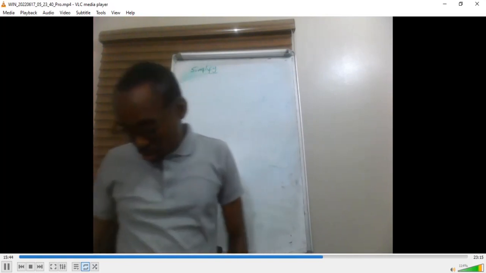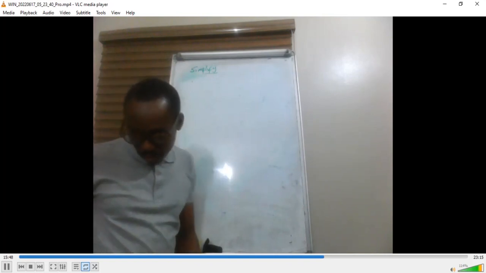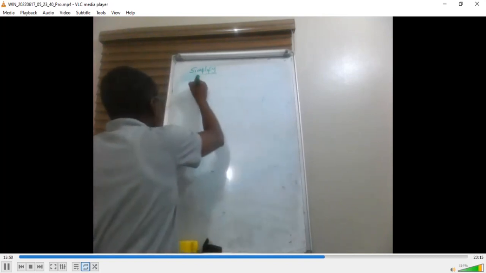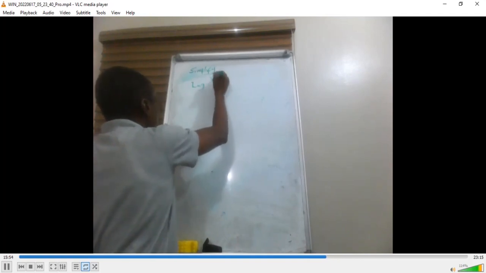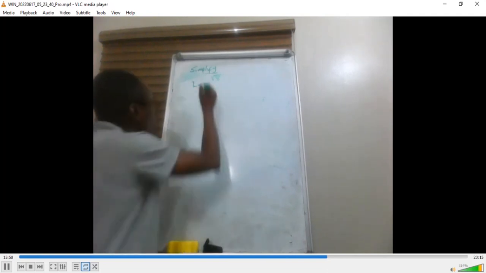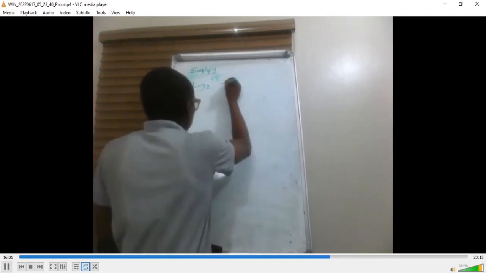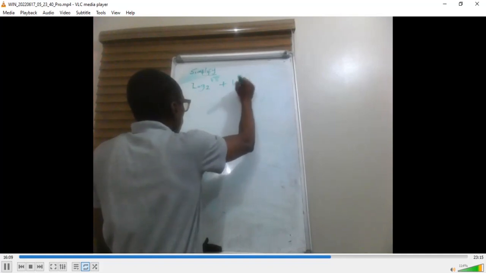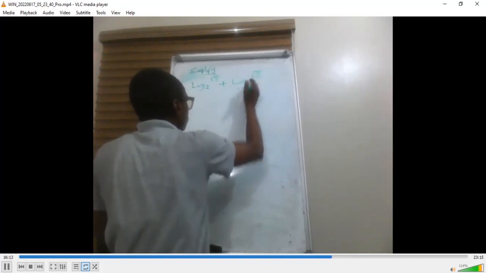So the last example we'll be taking is going to be the log of root 8 to base 2 plus the log of root 3 to base 3.